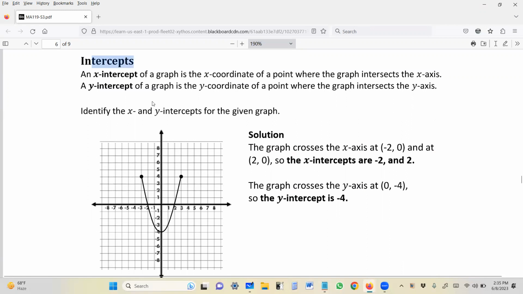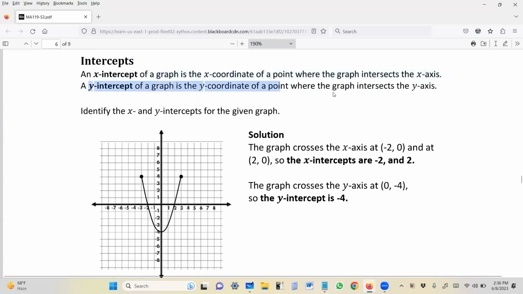So every function is going to have at most 2 intercepts. It may be that there are no intercepts, no x, no y. So the x-intercept is the coordinate of the point where the graph intersects the x-axis. That's why we call it x-intercept.